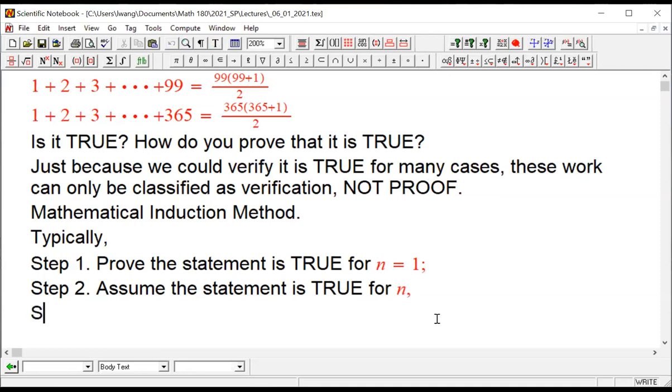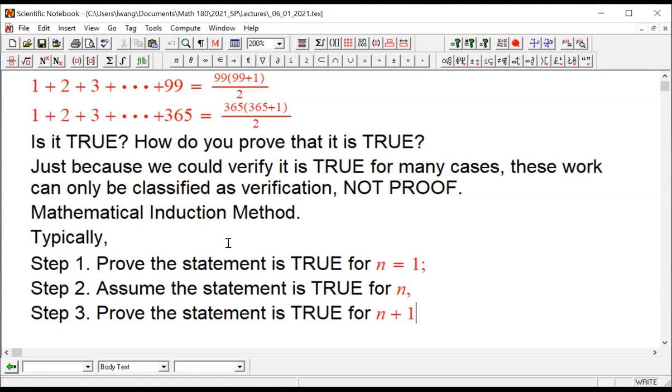And step 3, based on step 1 and step 2, prove the statement is true for n plus 1. So these are the general steps.